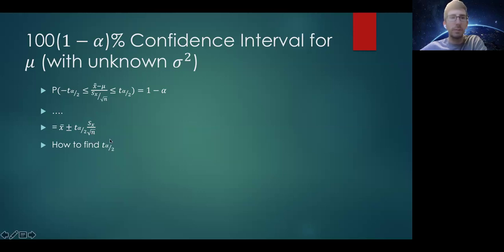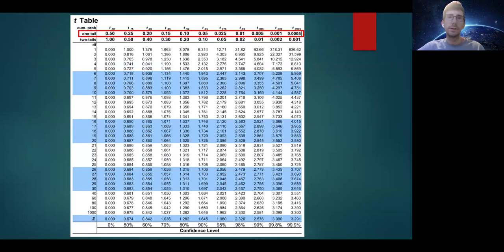So the last thing we need to talk about is how to find our T alpha over 2. And this is actually a little easier, in my opinion, to do than finding a Z value. But there is a catch with it. Previously, for a 90% or 95% confidence interval for our population proportion, we could use the same Z value over and over.